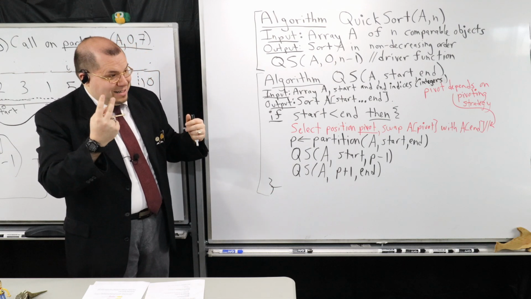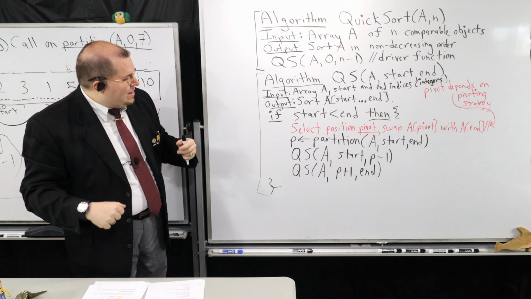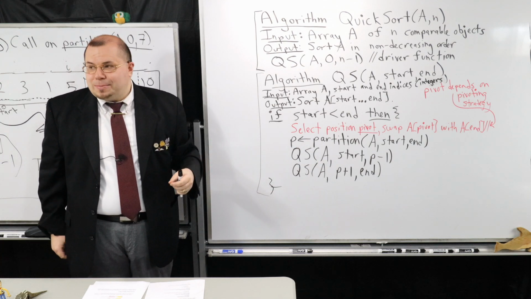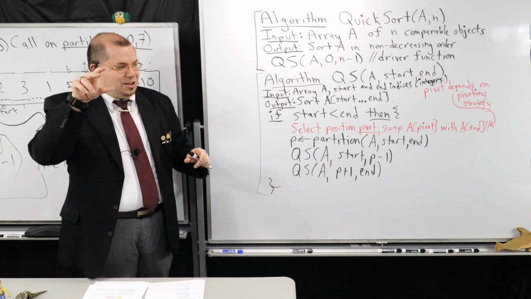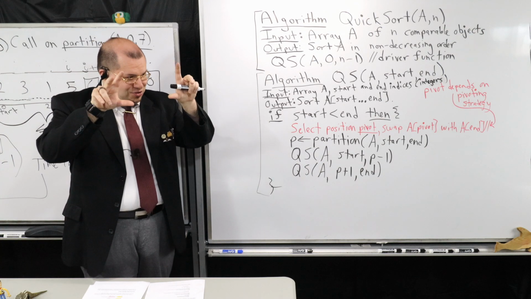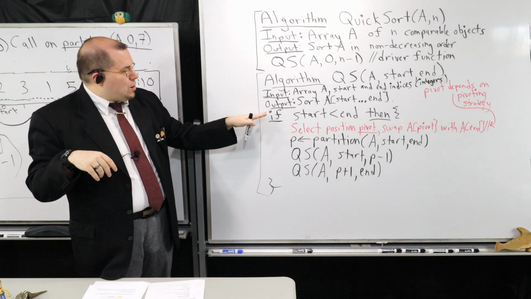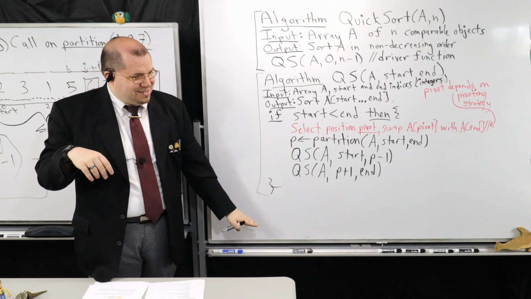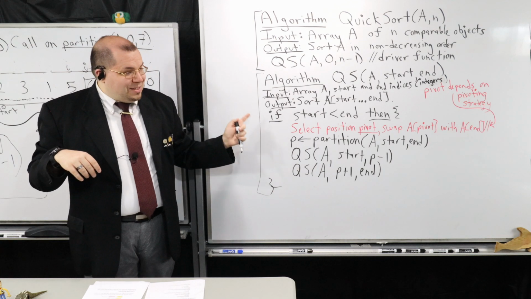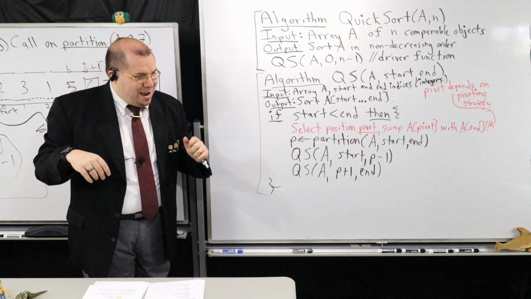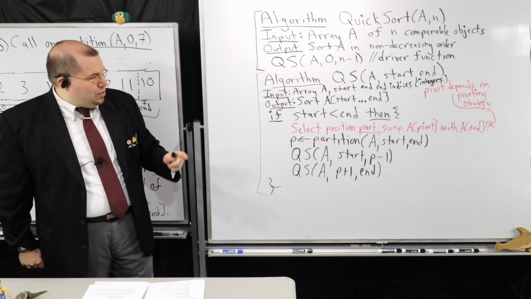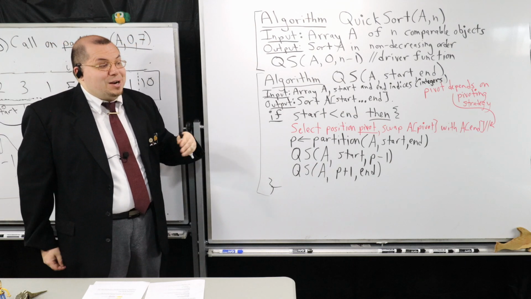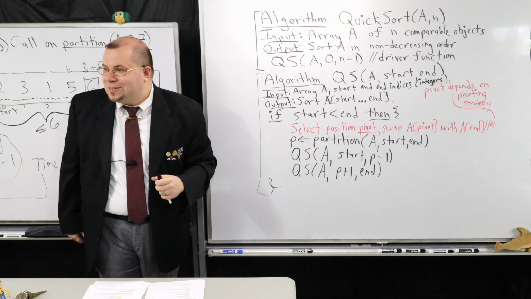In fact, it's actually technically at most two. Because if start and end aren't the same, that means that there's two distinct positions, a start position and an end position. That means there's two elements. That's why we're going to apply this recursive case. So if this is satisfied, there's two or possibly more elements to examine. Otherwise, you're dealing with 1 or 0, which we know by definition are all sorted.